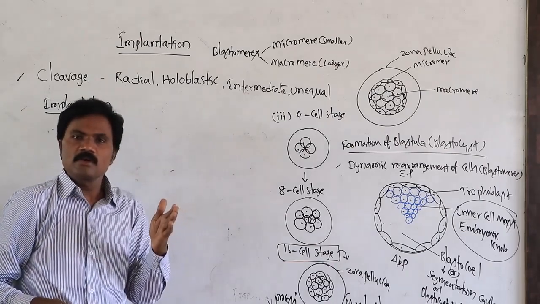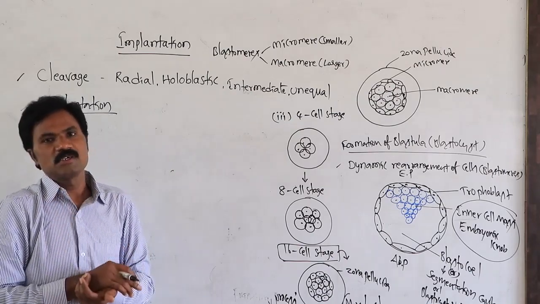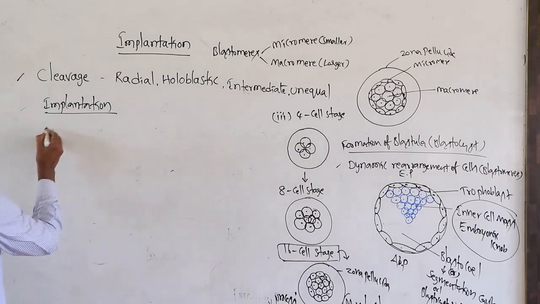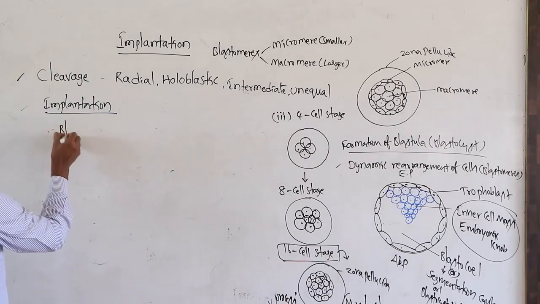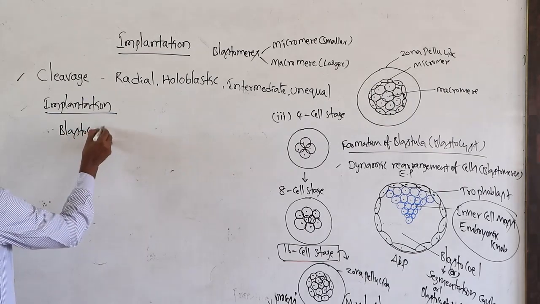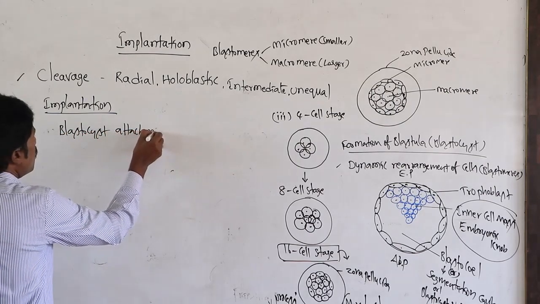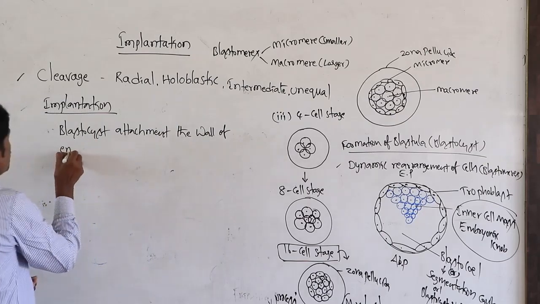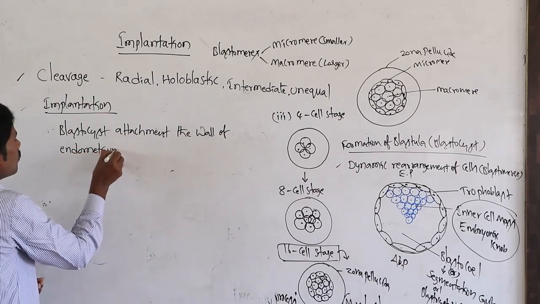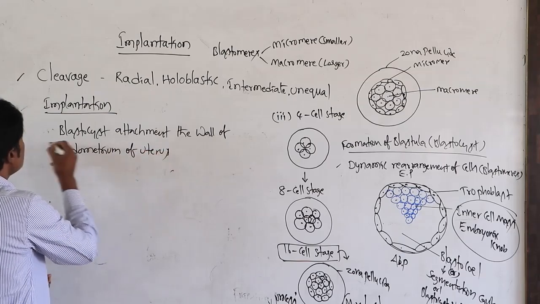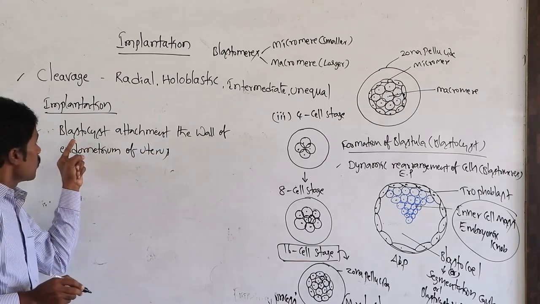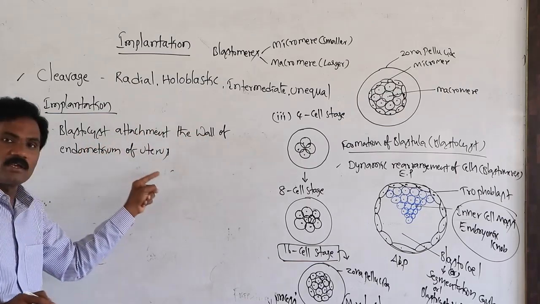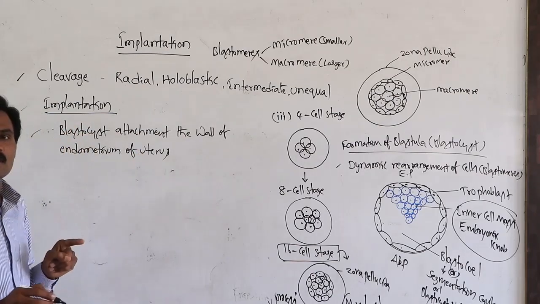The process of blastocyst attachment to the wall of the endometrium of the uterus, that is what we call implantation. This is one.